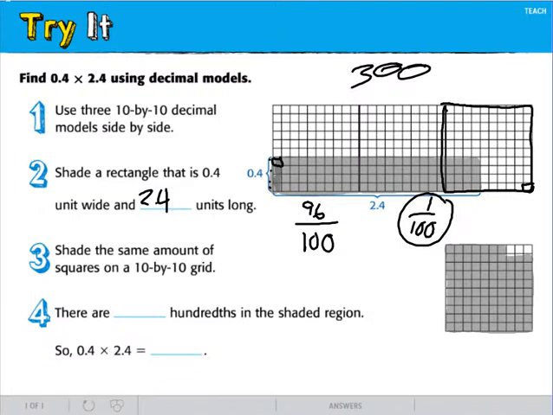I fixed it. There we go. So there's 96 total. So there are 96 hundredths in the shaded region. So that's 0 and 96 hundredths. Okay.